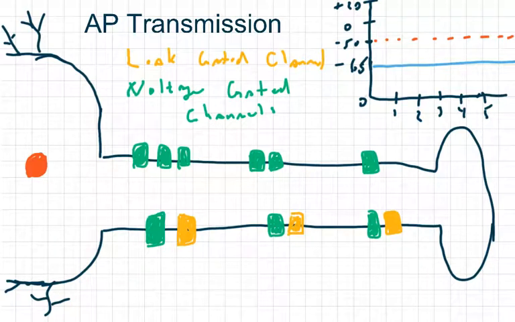And so this threshold component that we talked about with the action potentials is important. This is the determining factor on when these voltage-gated ion channels open.